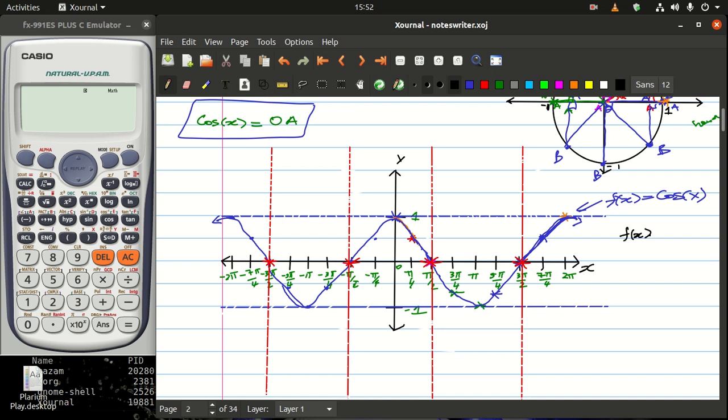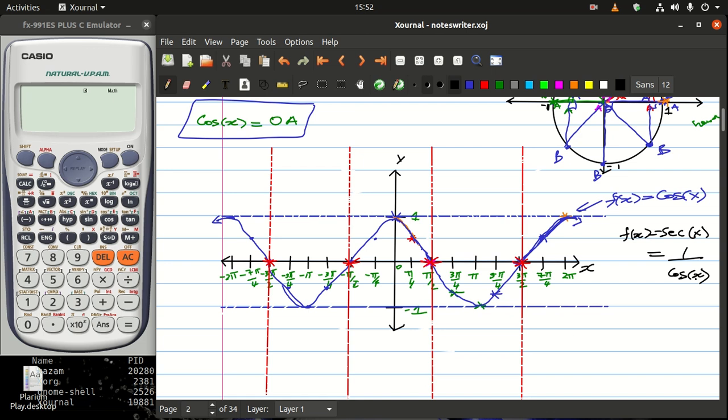f of x is equal to a sec of x, and we said this is the same as 1 over cosine of x. If cosine of x is equal to 0 at these points here, this function will not be defined. Hence we drew the vertical dotted lines.